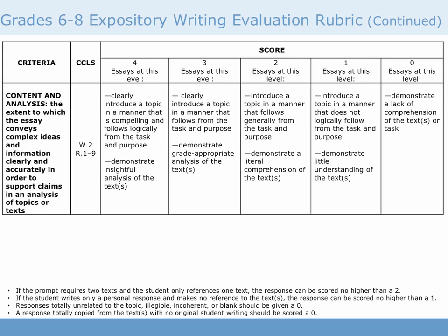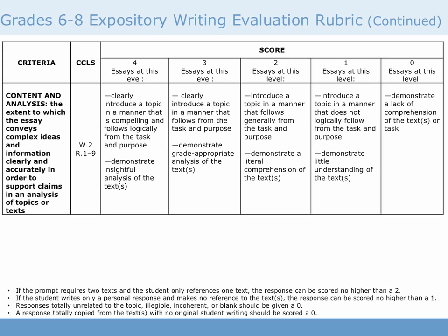Essays at a level 4 clearly introduce a topic in a manner that's compelling and follow logically from the task and purpose. At a level 3, essays clearly introduce a topic in a manner that follows from the task and purpose. So notice the difference is in a level 4, it states that the essays are compelling and they follow logically. It doesn't make that statement in a level 3.